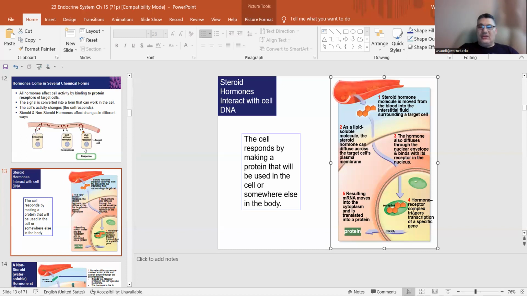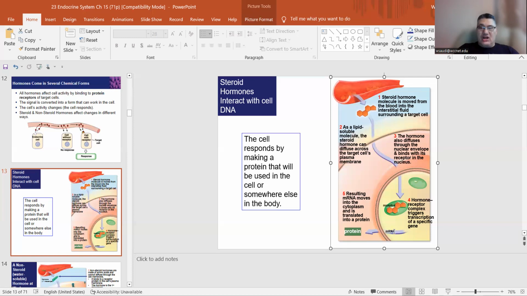That will interact with the DNA inside, and the DNA will make a specific messenger RNA to produce protein. Which protein? It depends on the hormone. The hormone is telling me to make certain proteins.